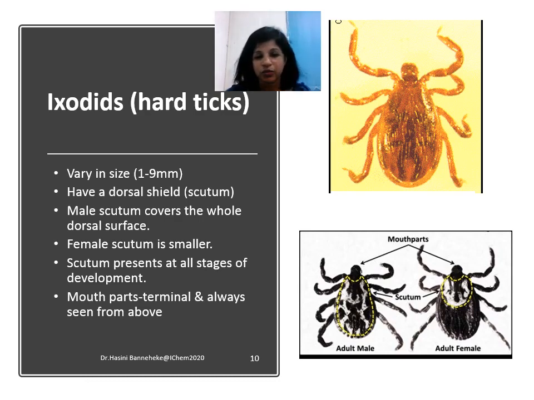Generally, the scutum is present in all stages of development, whether nymph or larvae. And the other difference from the soft ticks, as I said, is that the mouth parts are terminal so that they can be seen from above. When you look at the hard ticks from above, you can see the mouth parts jutting out from the anterior end.